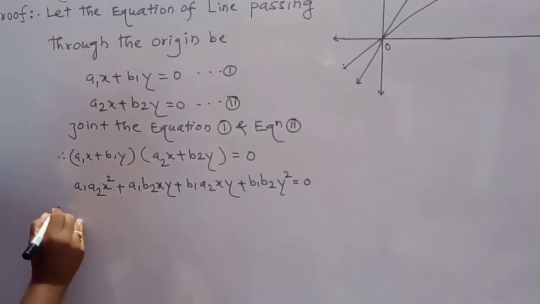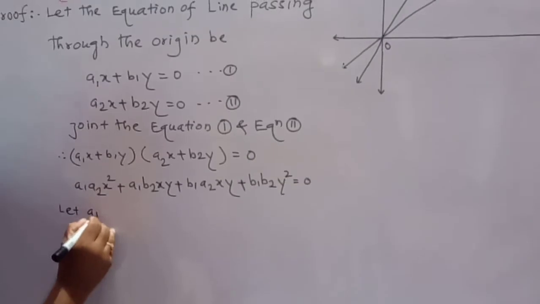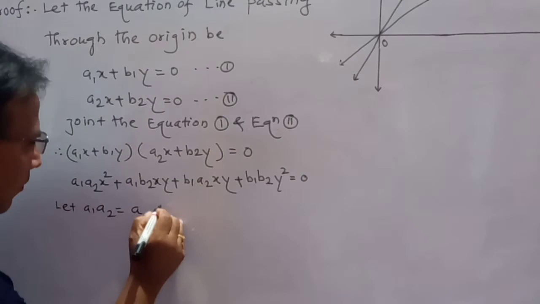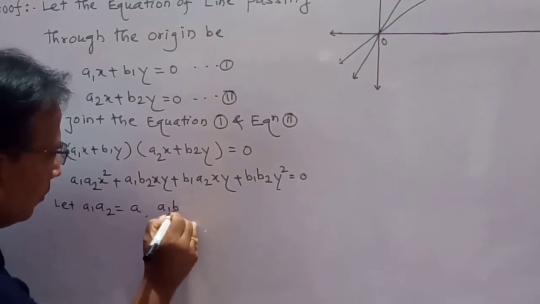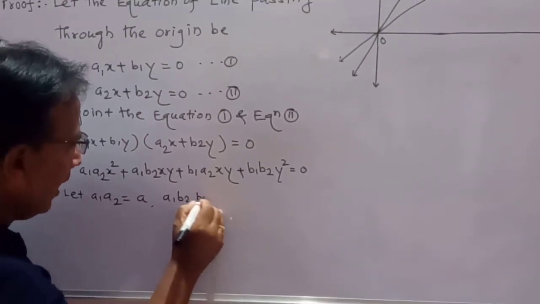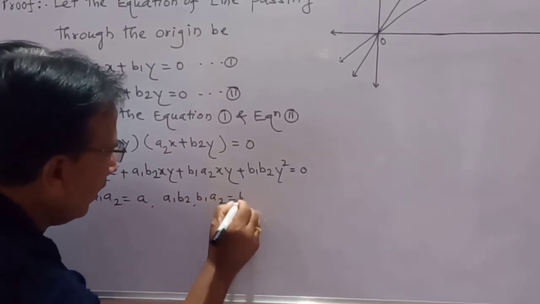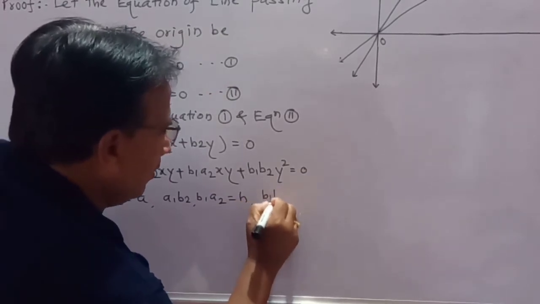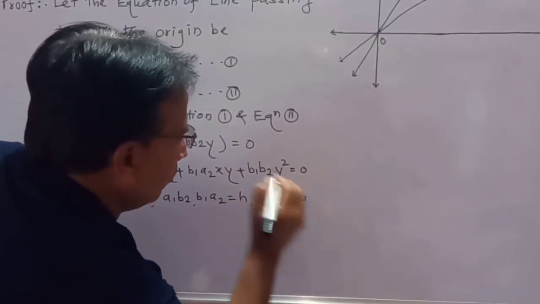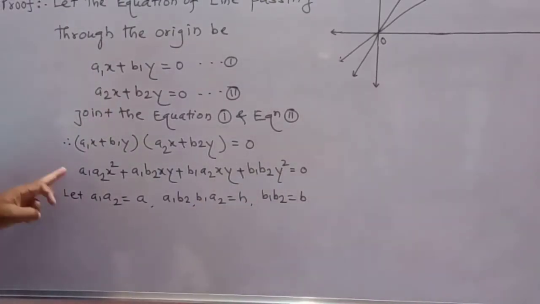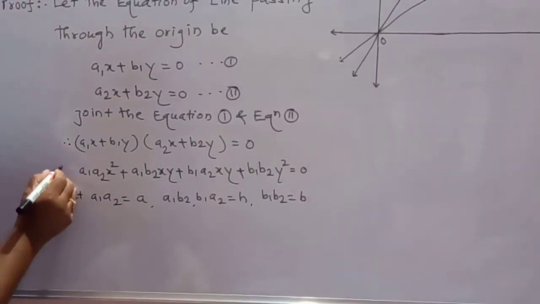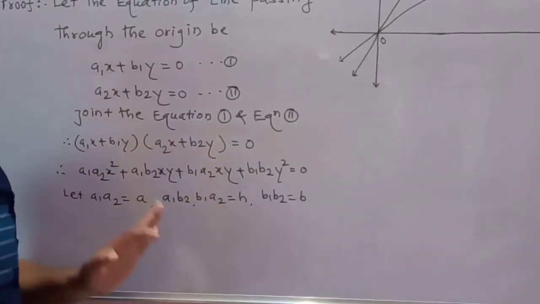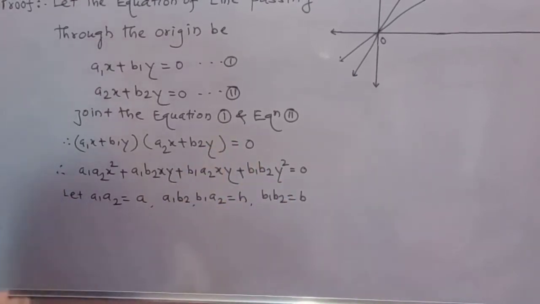Therefore, let a1 a2 equal to small a, a1 b2 and b1 a2 equal to small h, and b1 into b2 equal to small b. Put the values in this equation: a1 a2 into x square plus a1 b2 xy plus b1 a2 xy plus b1 b2 y square equal to 0.